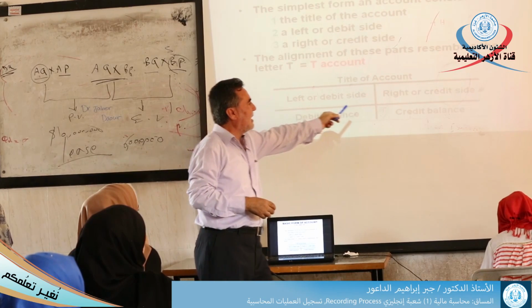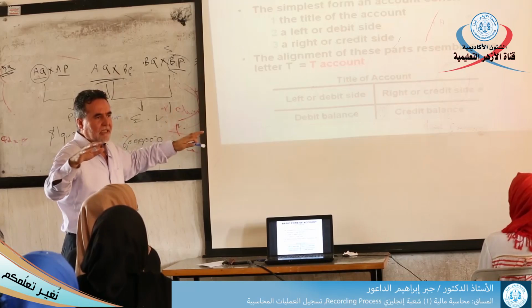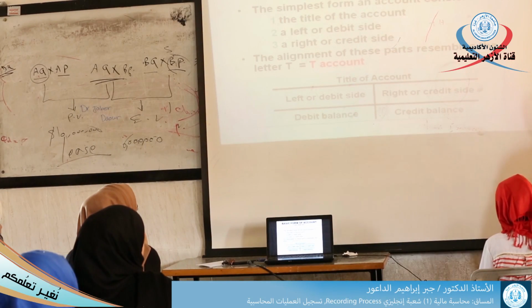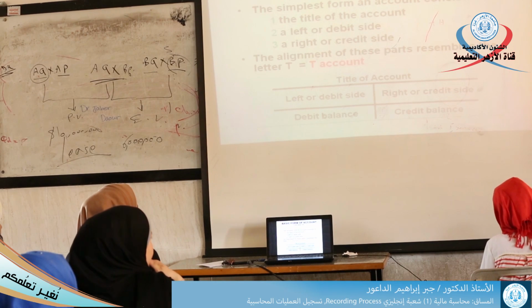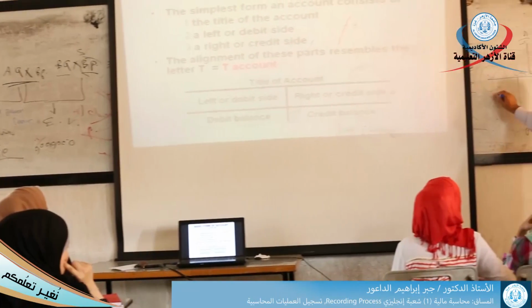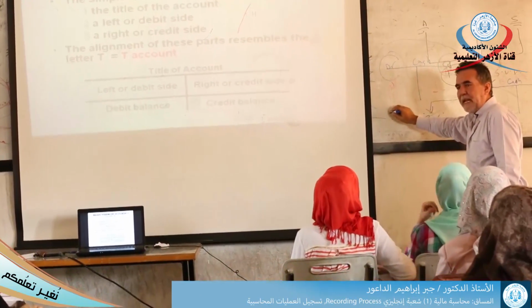Debit balance, credit balance. After any transactions, it may affect the right side or the left side. So this side is called DR, which is the debit side, so here a debit balance.